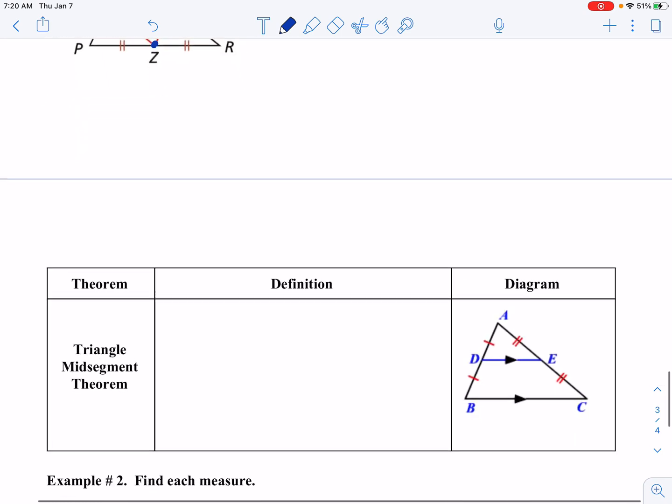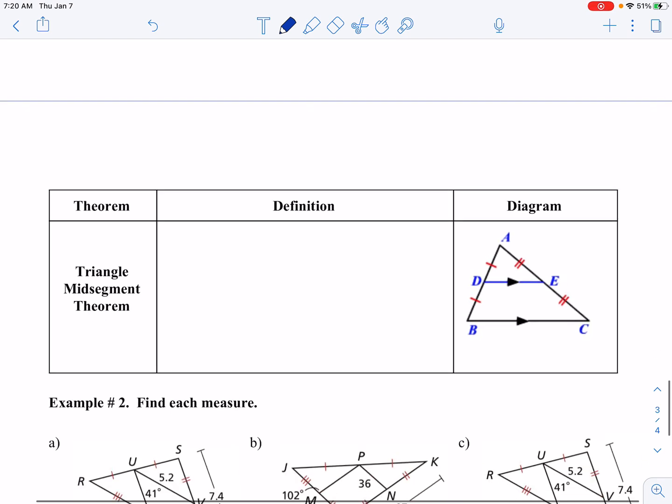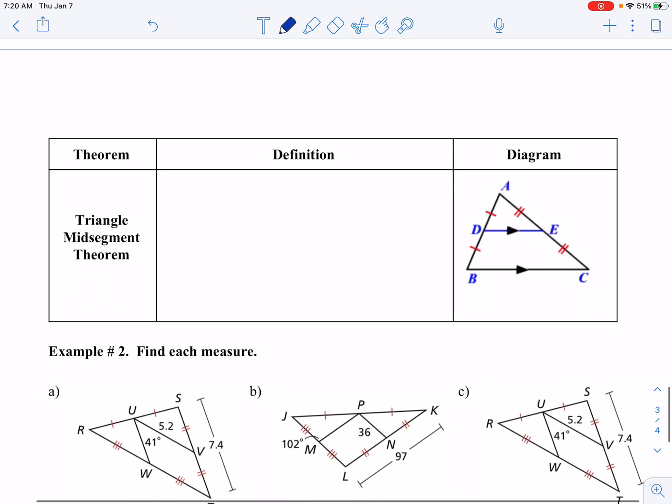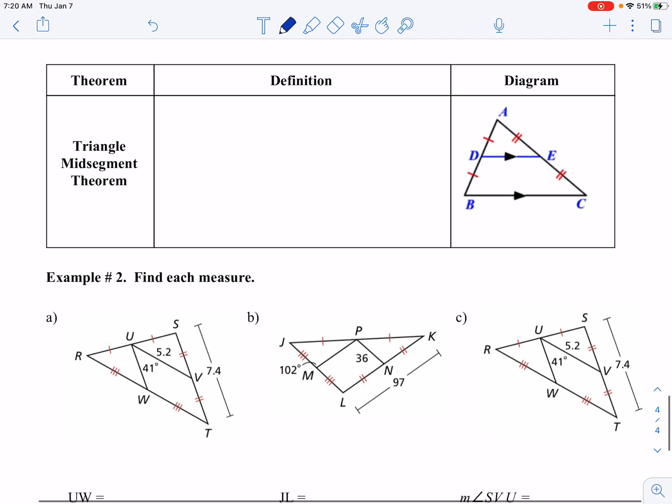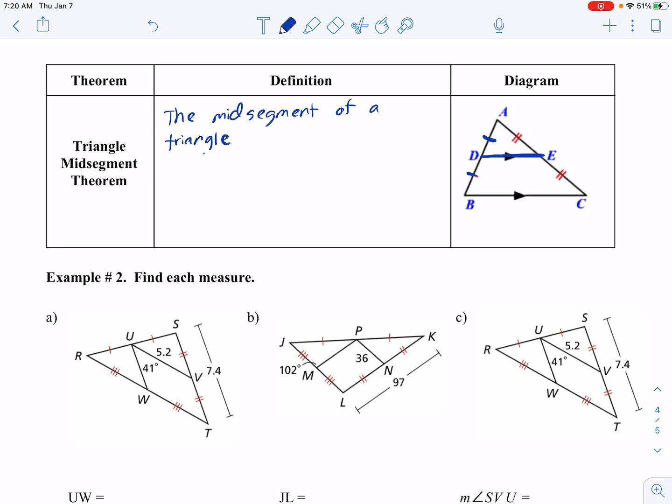Okay, and those triangle midsegments, there's a special property about these midsegments. The triangle midsegment theorem states that the midsegment of a triangle, which in this diagram here, the midsegment is DE because D and E are midpoints on both sides, does 2 things.